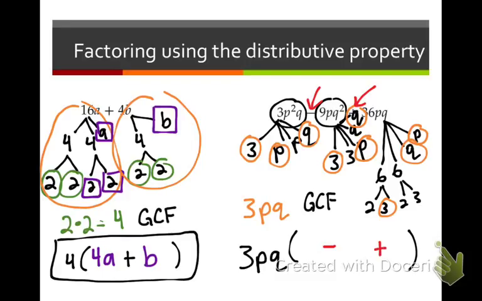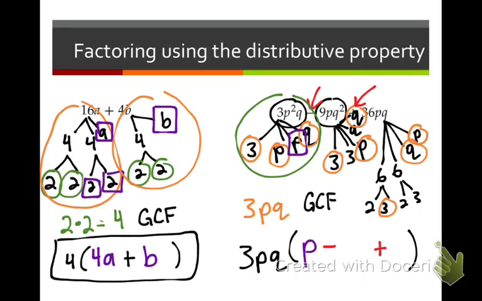I'll put plus there. Alright, so in front of the subtraction sign, I'm going to look at the first tree, right? That tree right there. And I would notice that the factor that did not get used was this P. So that P is going to go there.